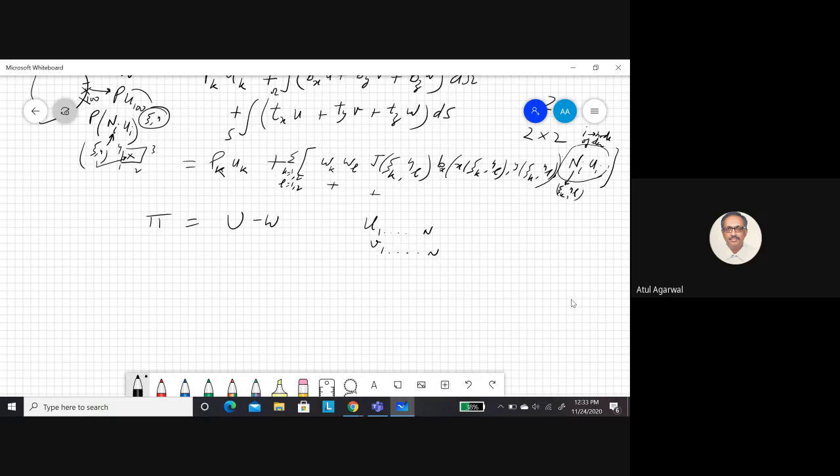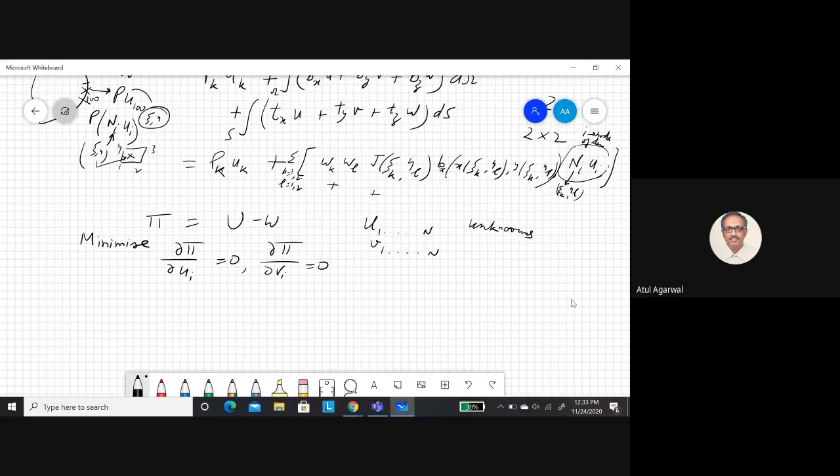Now, how will you minimize pi? These are your unknowns. So with respect to unknowns, you will say del pi by del ui is 0, del pi by del vi is 0. As many unknowns, so many equations.